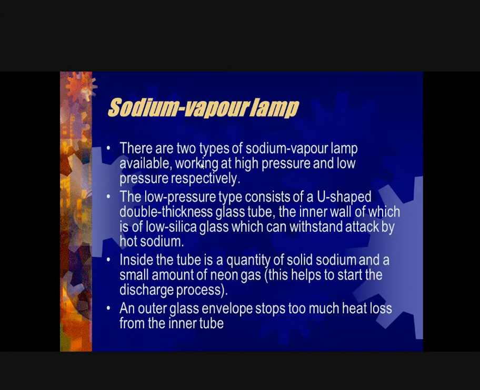The neon gas really helps to start up the discharge process so that the sodium can ignite, right? The outer glass envelope stops too much heat loss from the inner tube, because remember, to ignite the sodium we have to run it up to some serious temperatures, right? So we look at that further.